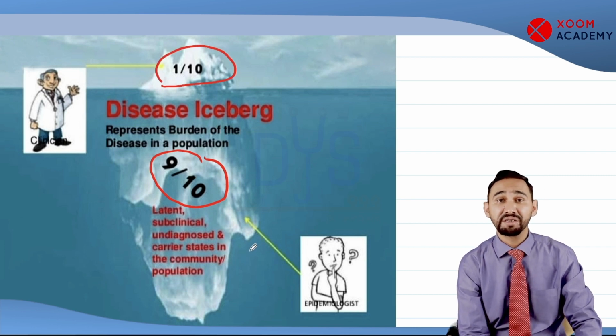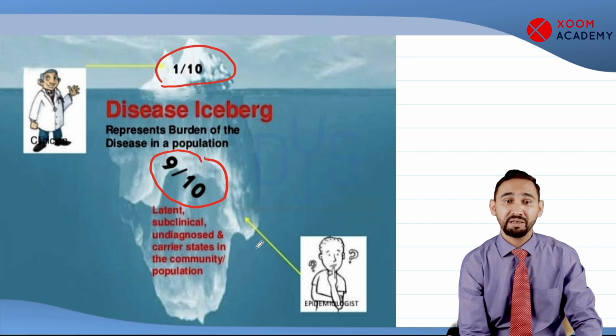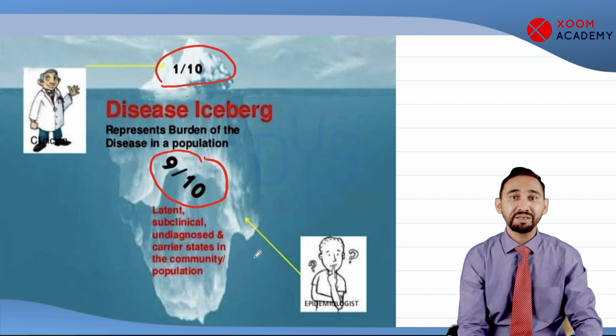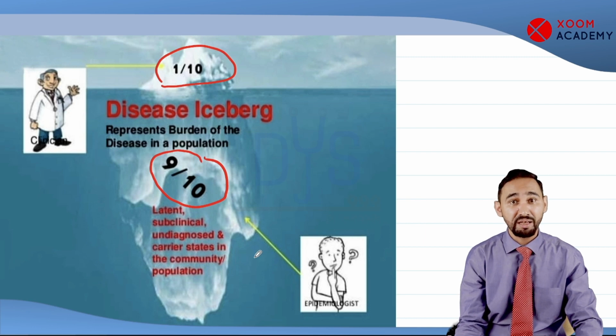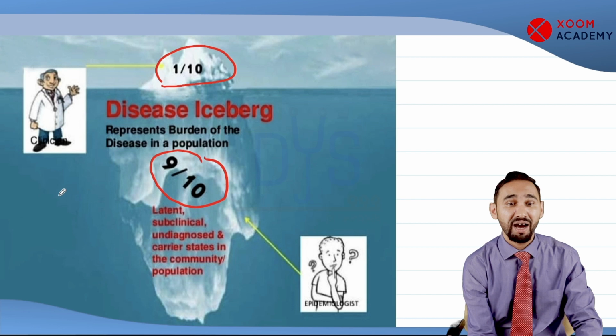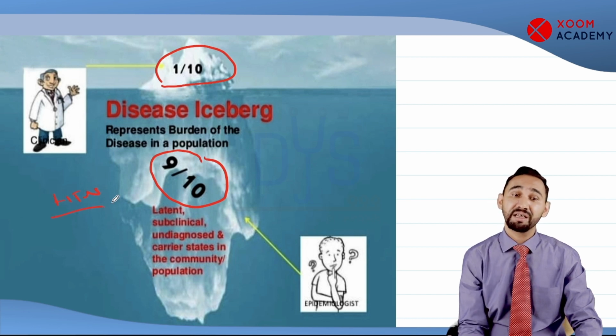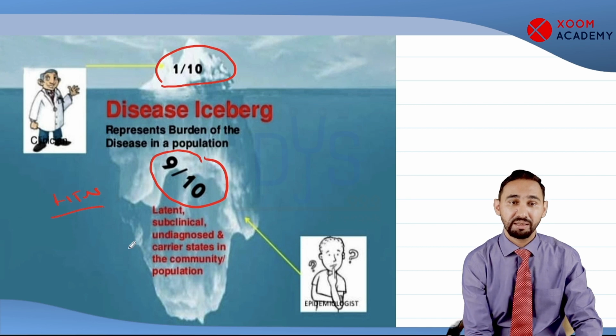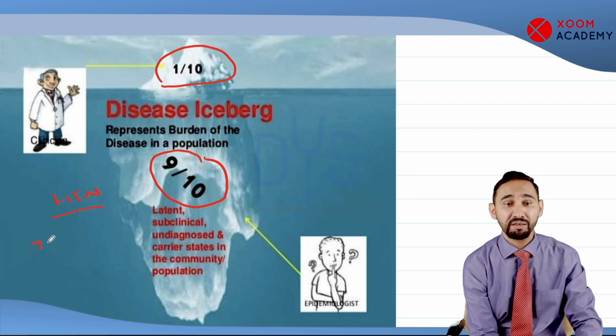Most of the diseases have no latent period. Most of the diseases have asymptomatic cases. Most of the diseases have subclinical cases. Most of the diseases spread through carriers, like hypertension. 90% of cases are asymptomatic, like typhoid fever.